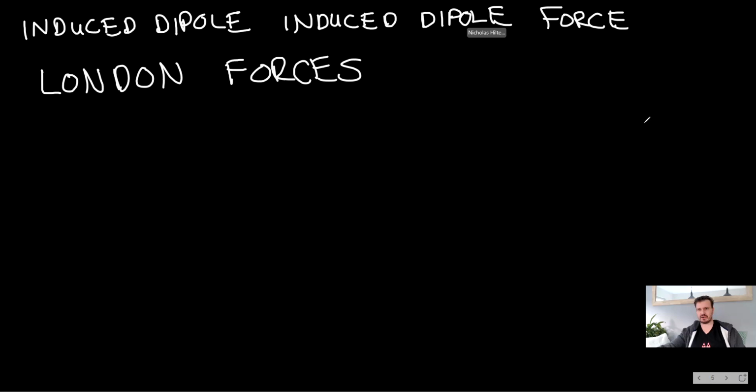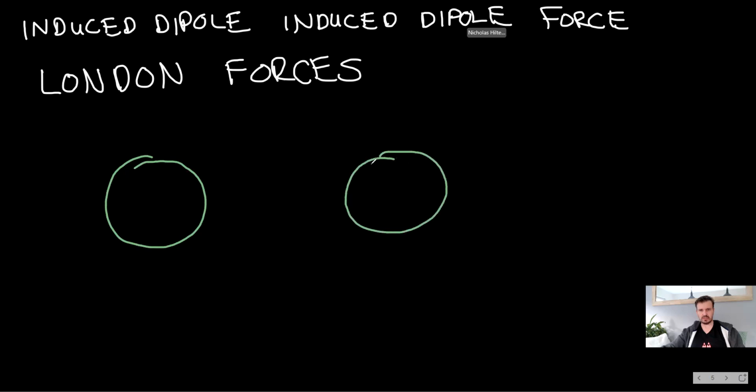And so what this guy figured out is that because electrons are constantly moving. So I drew a very simplistic thing where I drew the electrons all kind of uniformly. But we know that if I took a snapshot, if I took a photo of this molecule, I'm not going to see that.